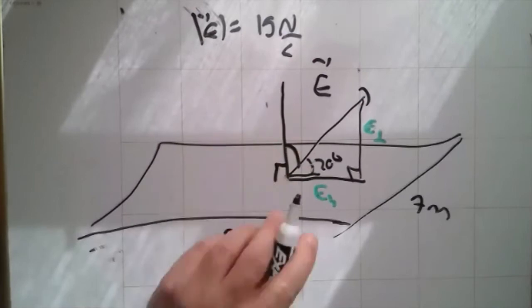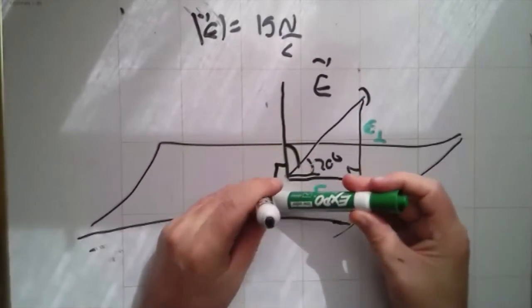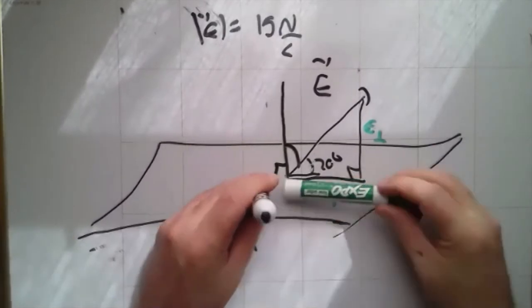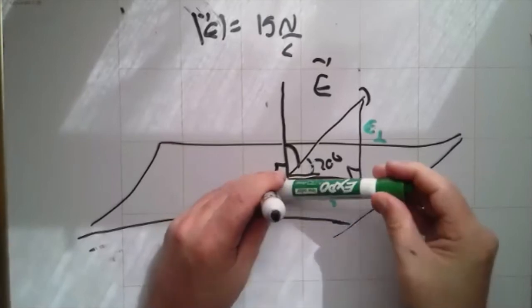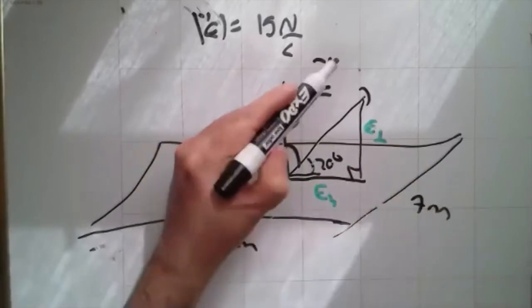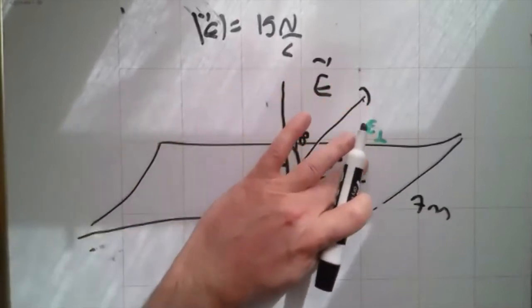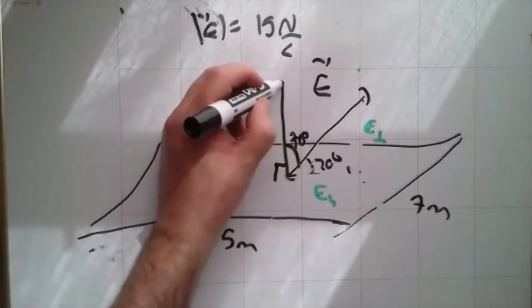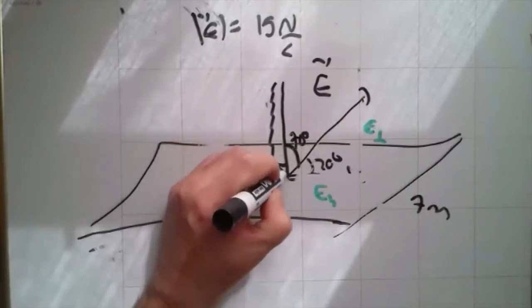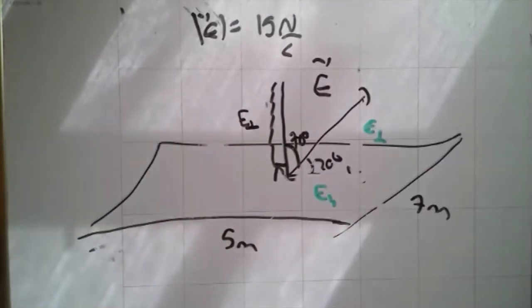That's my normal vector. That's perpendicular to the surface. E is over here. This was a 20-degree angle here. The angle I want is this 70-degree angle. And we can see here, if we draw out our triangle, cosine of 70 would give us this component of E right there, the perpendicular component.